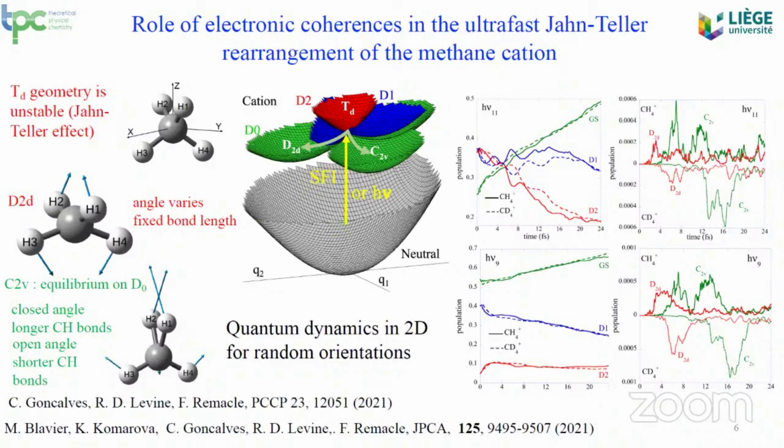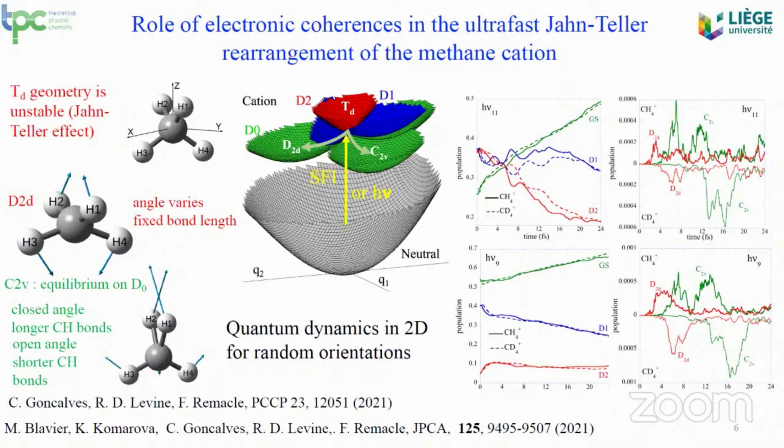The difference between the two is that HN11 will excite D2 significantly. So we build electronic coherence between D2, D1, and D0.